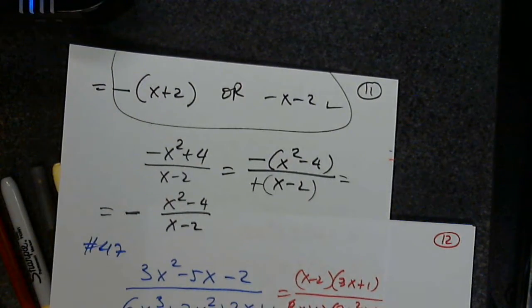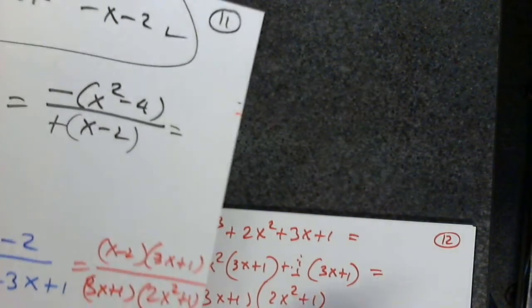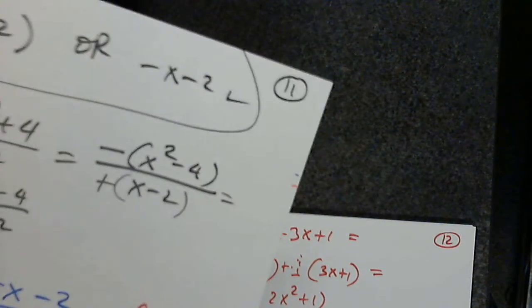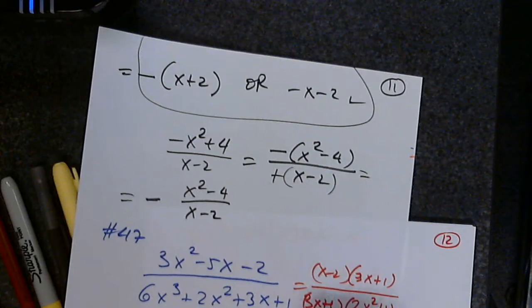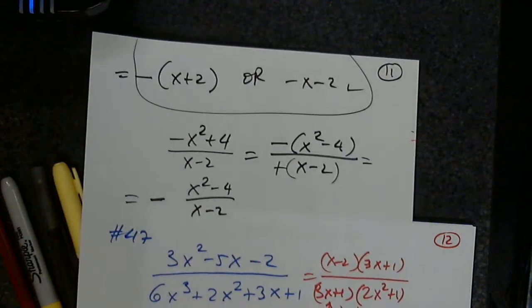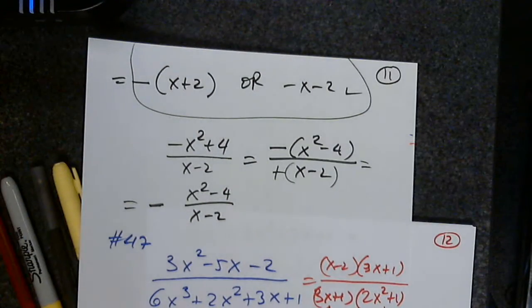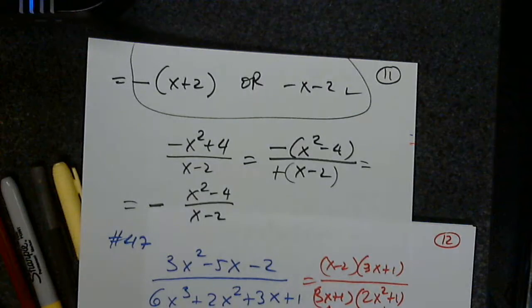It will never be 0. So 2x squared plus 1 never equals 0, so there is no restriction that I have to write for that. But for this one, I do have to write a restriction. So x does not equal -1/3. Very good, excellent.